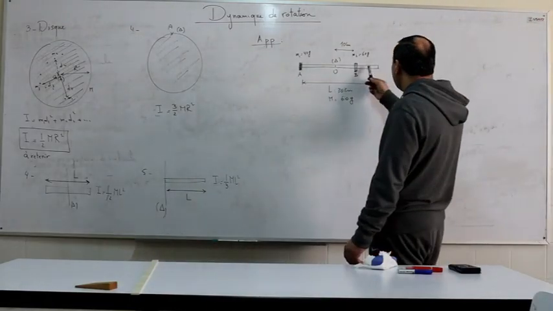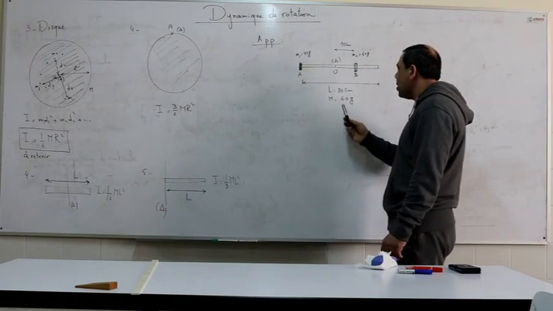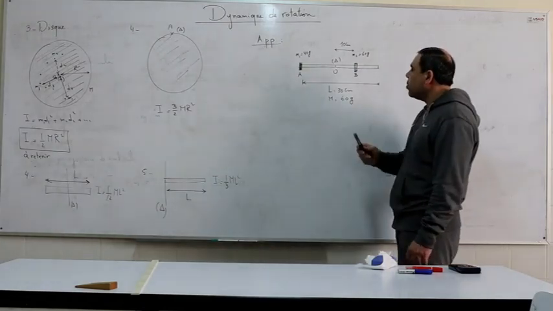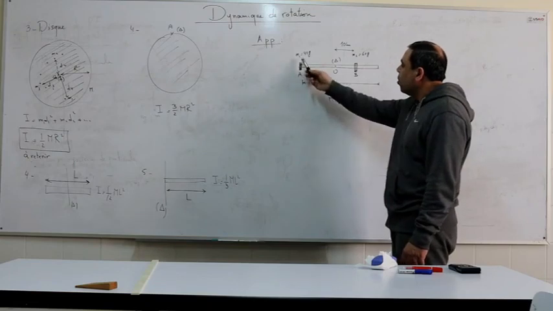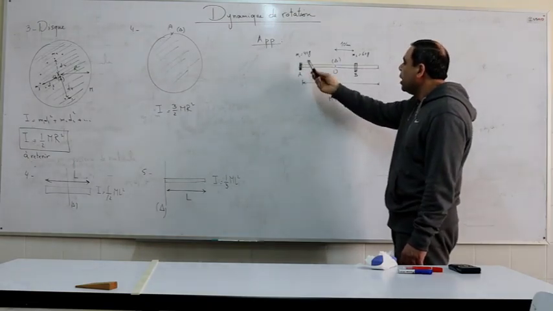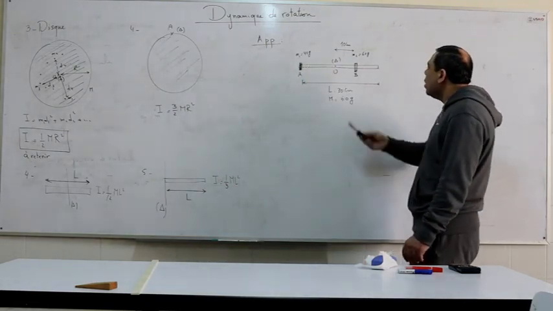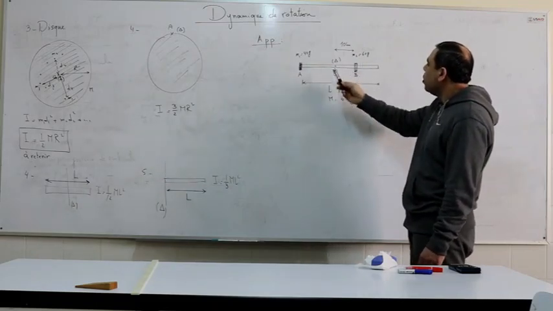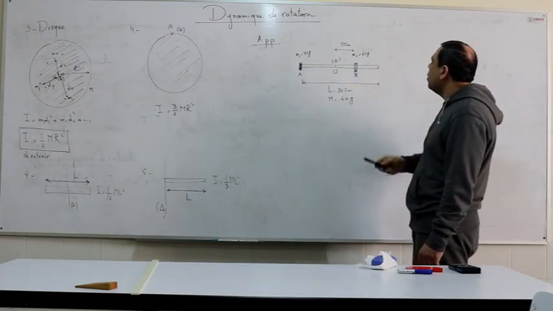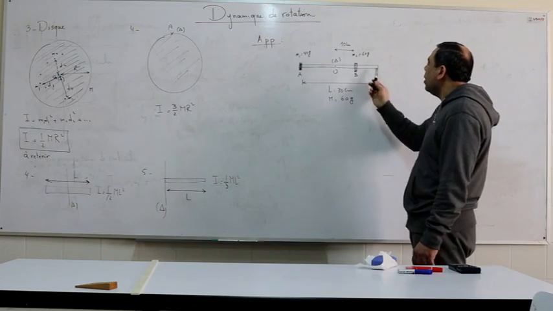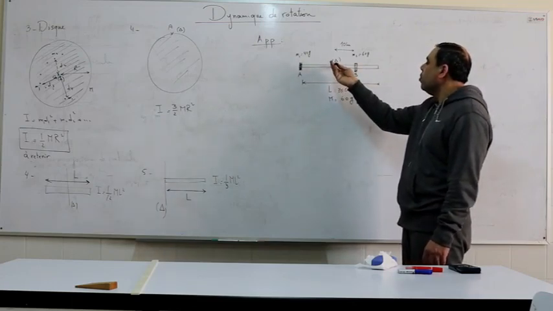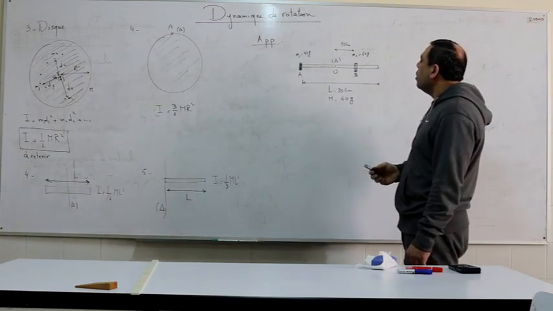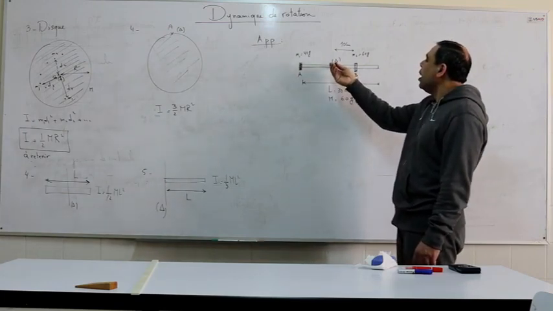As an example, consider a rod of length L equals 30 centimeters and mass 60 grams. On one of its extremities, A, we attach a point mass of 40 grams, while on point B, which is at 10 centimeters from O, we attach another point mass of 60 grams. The rod can rotate around an axis delta that passes through its midpoint O and is perpendicular to the rod.